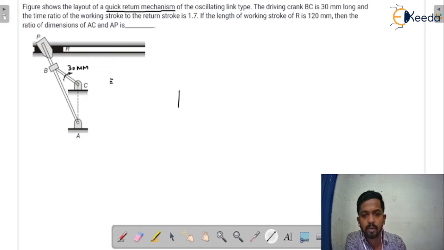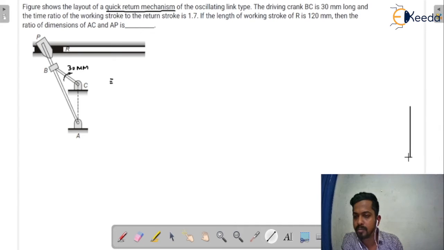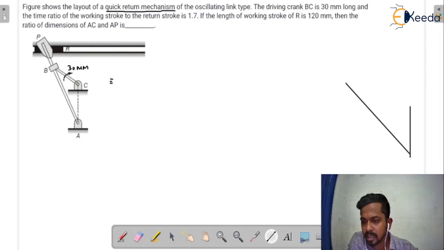See here, I am going to draw the diagram. Whenever you find problems on the slotted bar, you just have to consider this diagram in order to solve the problem. Why is this easy? Let me show you.